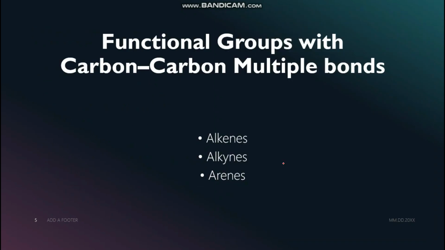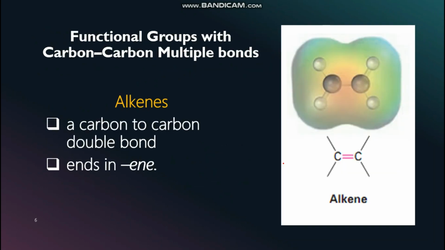So we have functional groups with carbon-to-carbon multiple bonds, may it be double bond or triple bond. So we have alkenes, alkynes, and the arenes. So alkenes, wherein the carbon is double bonded to another carbon. So from alkane ending in A-N-E, it now ends in E-N-E.